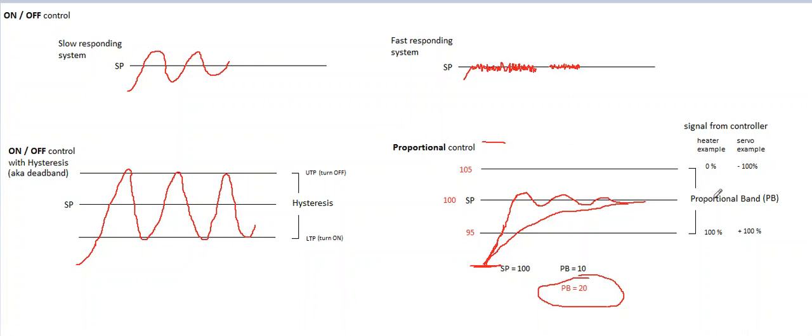So this would not be the 50% that we were using for the heater. It would be 0% applied to the motor. And if you go past, you'd have to start applying power in the opposite polarity, which is why I have a negative 100%. You can see how the proportional control works well to bring a servo motor to position. If it overshoots a lot, it'll be hit with a lot of power to bring it back quickly. If it undershoots a lot, it'll bring back quickly.